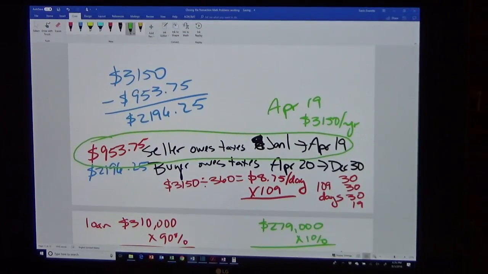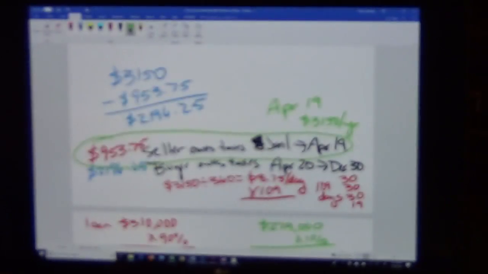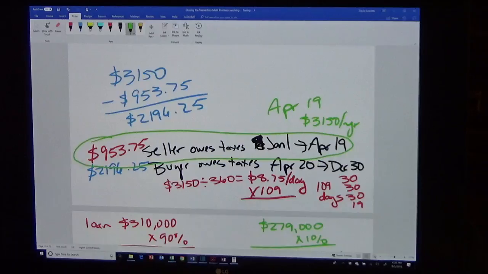So that's the amount we owe, and it also tells us who to debit and credit. Because seller owes means debit the seller. And if you're debiting the seller, that means we're crediting the buyer.